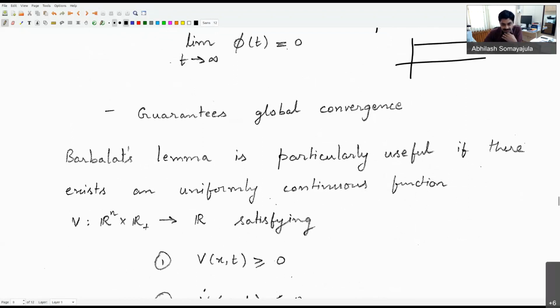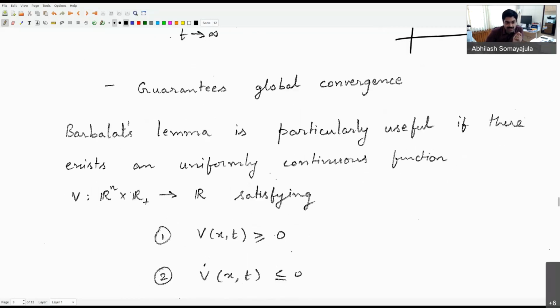Barbalat's lemma is particularly useful if there exists a uniformly continuous V that we were looking at, the Lyapunov function. Notice that now its characteristic has changed. Instead of the Lyapunov function being a mapping from an n cross 1 vector to a real value, it now takes an n cross 1 vector comma time.